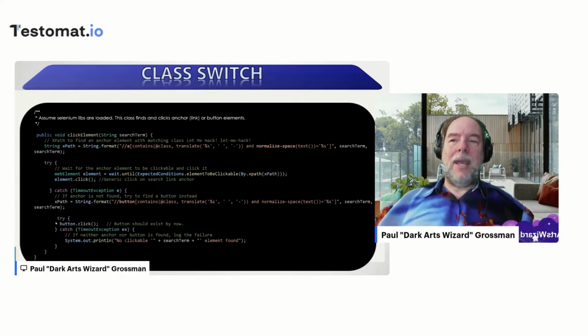And then I've got a try catch over here that's going through it and saying, hey, if I can't find this element the way I initially wrote it in this XPath, let's try it in a different way. Let's try, instead of a link anchor, let's try a button over here. Exact same thing. Look for any classes that also match let me hack with dashes or underscores, whatever it is that's in your approach.